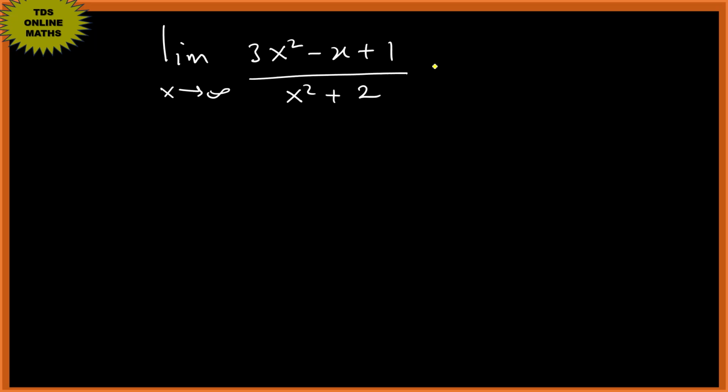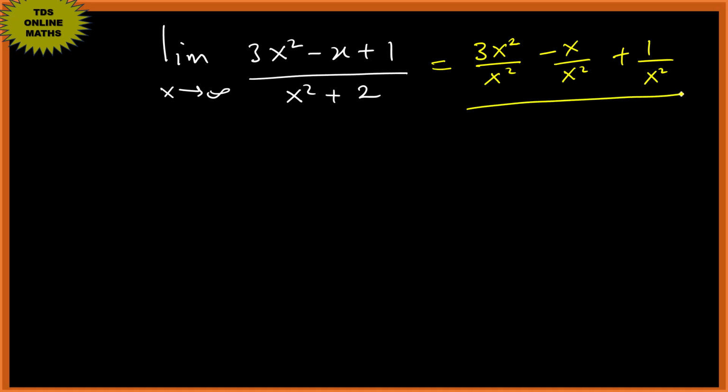So we need to divide through all the terms by the highest power. I'll get x squared over x squared minus x over x squared plus 1 over x squared, on x squared over x squared plus 2 over x squared.